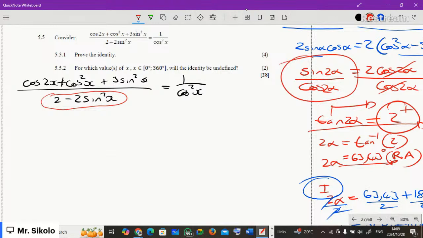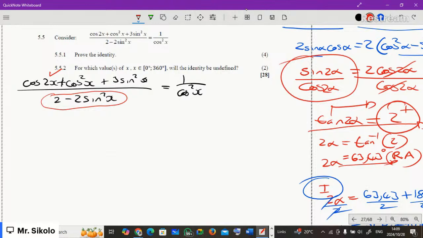In the meantime, let's focus on the top. Upstairs, what are we having? We are having cos 2x, cos squared x, and 3 sine squared x, and the angle here is a double angle. So let's deal with this double angle. What can we do about this double angle?